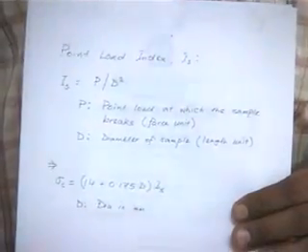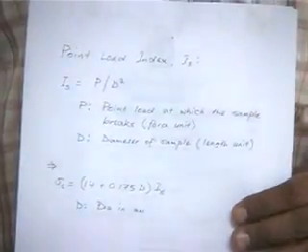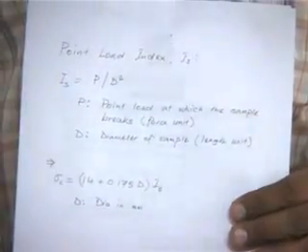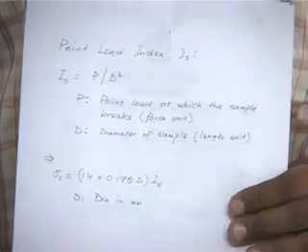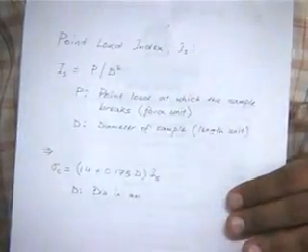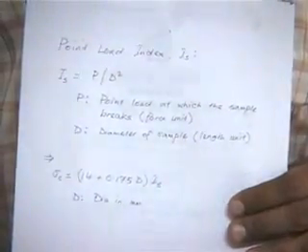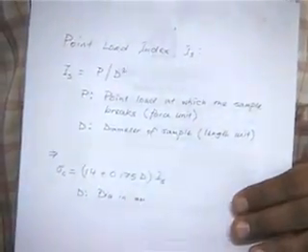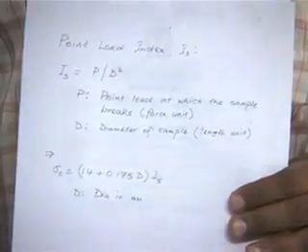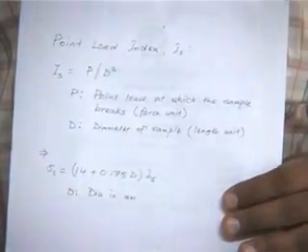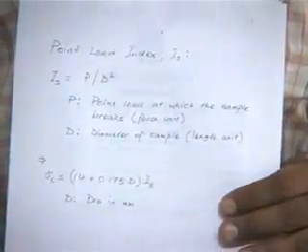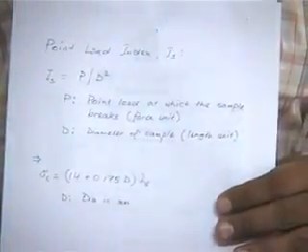Finally, from the point load index, we calculate the uniaxial compressive stress sigma subscript C using the formula near the bottom of this handwritten note, which is 14 plus 0.175 times the diameter of the sample multiplied by the point load index, where D is taken in millimeter.